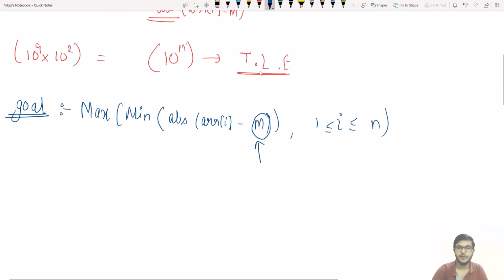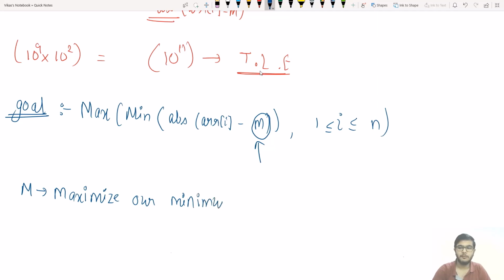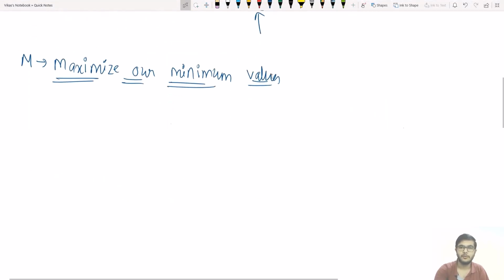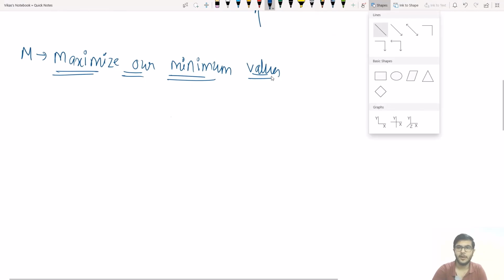No, it is not efficient. So we are just going to take only those m which maximize our minimum values. Let's understand what this statement means. Let me just draw a number line.